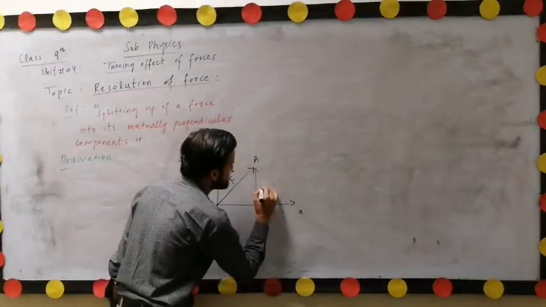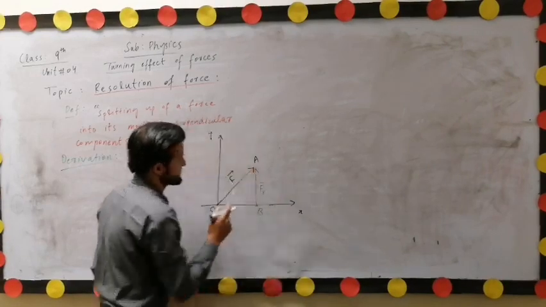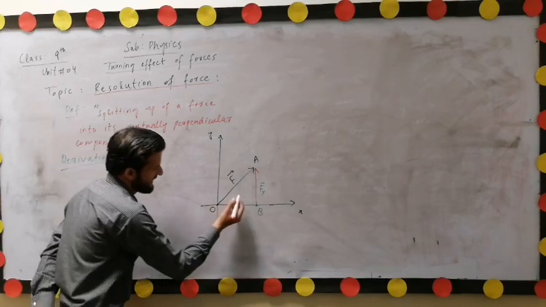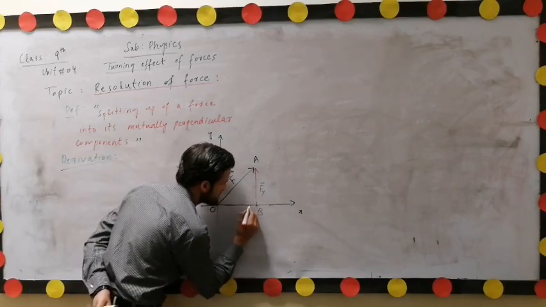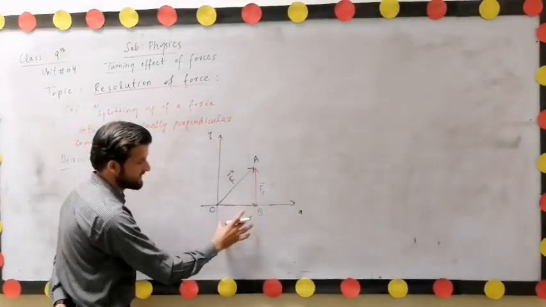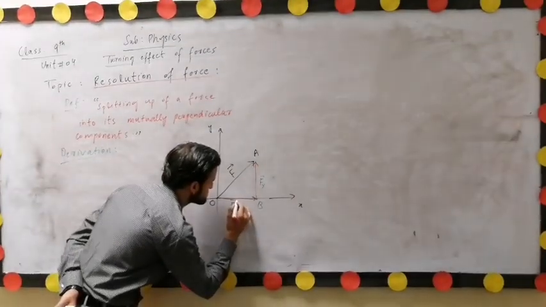Now we draw its x component, which is parallel to the x-axis. It is represented by the vector OB, and it is Fx.